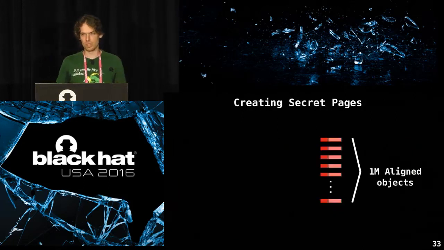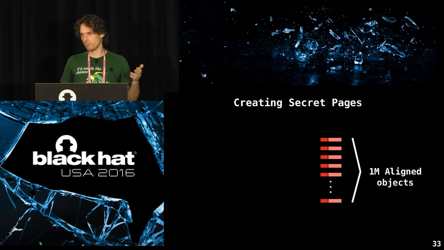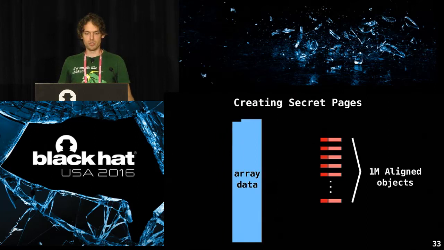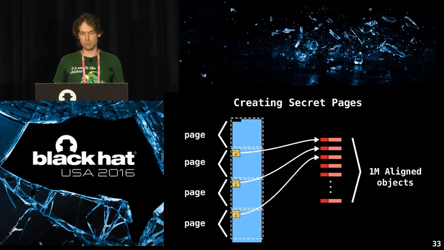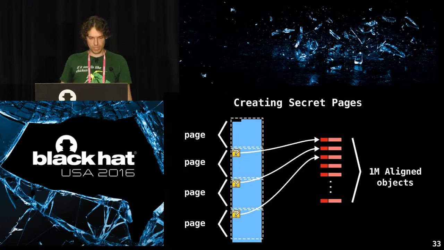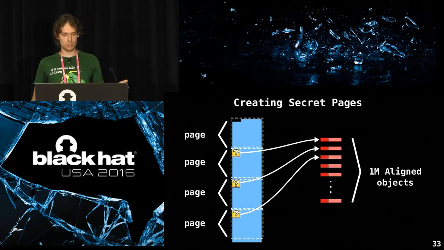So how does this work in practice? We have our list of potentially 1 megabyte aligned objects. And then we take an array, and we create references to these objects, which happen to be pointers. We now have pages with secrets in them.